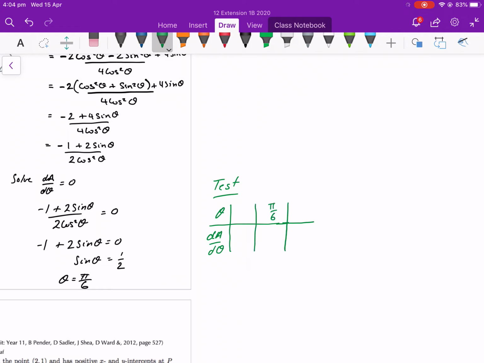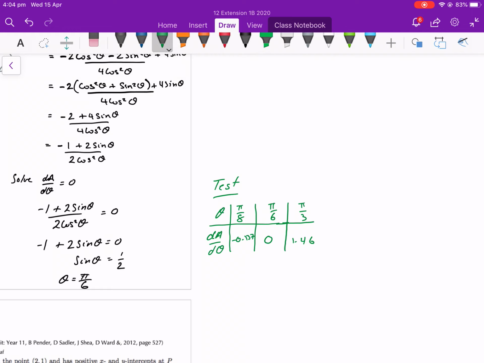Pi on 6, a value bigger than pi on 6 is pi on 3, a value smaller than pi on 6 is pi on 8. And pi on 6 gives us a gradient of 0. Pi on 3 gives us a value of 1.46, and pi on 8 gives us a value of negative 0.137.